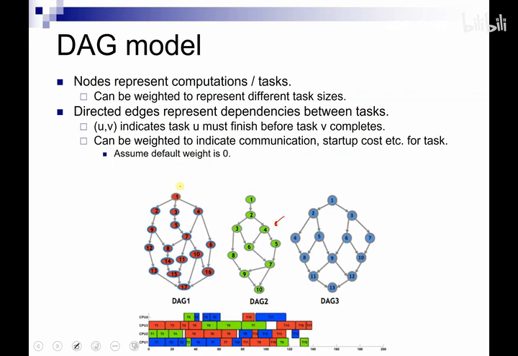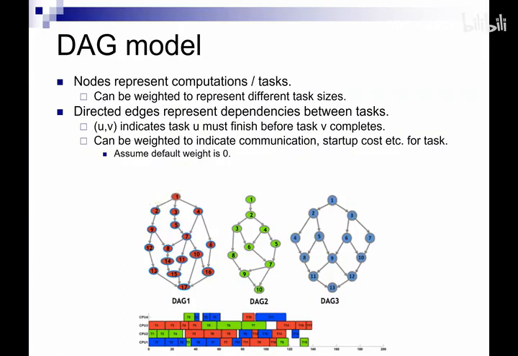So if we put a weight of, let's say, 5, this might mean that you have to do 5 units of computation. And here you could have a weight of 2, so task 2 is somehow smaller than task 1. We can also have weights on the edges. For example, if after you do task 1, you need to communicate some data to task 2, there's a precedence relation between 1 and 2. Furthermore, to do that communication, you might have to incur some sort of cost. So maybe you put a cost of, let's say, 3 on here, because that's the cost.